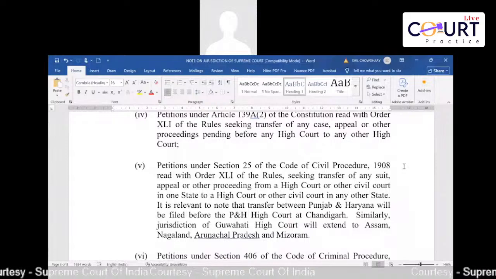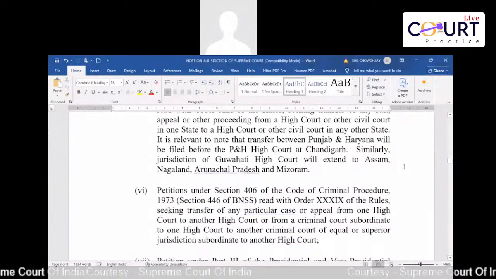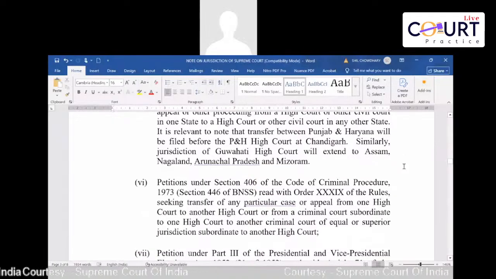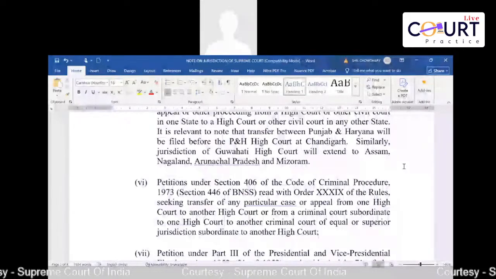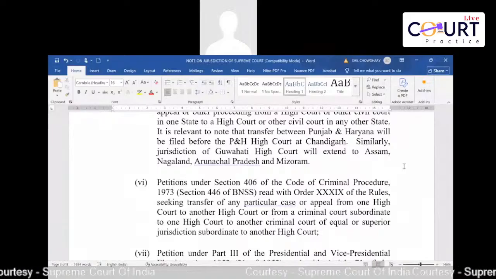Now let us see transfer petitions which are seeking transfer of criminal matters. Section 406 of the CrPC of 1973, and now Section 446 of the BNSS, read with Order 39, seeks transfer of any particular case or appeal from one High Court to another High Court, or from a criminal court subordinate to one High Court to another criminal court of equal or superior jurisdiction subordinate to another High Court, then you will come to the Supreme Court.